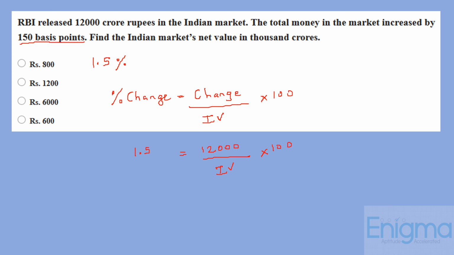So solving it, we will get here initial value is equal to 12,000 into 100 upon 1.5, okay, which comes out to be 800,000. So our answer will be rupees 800.